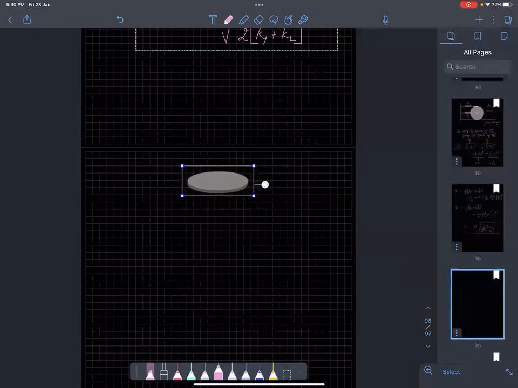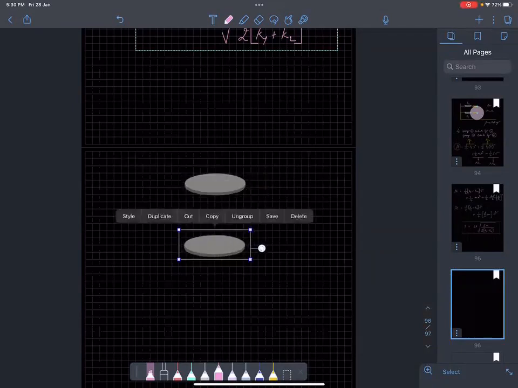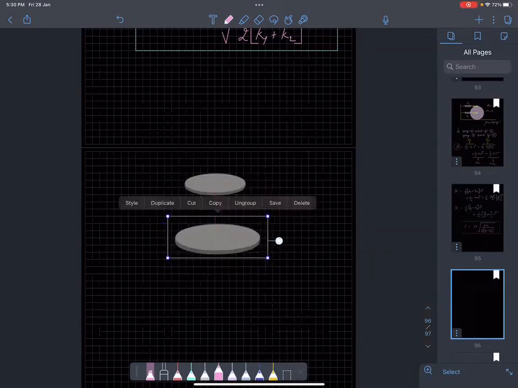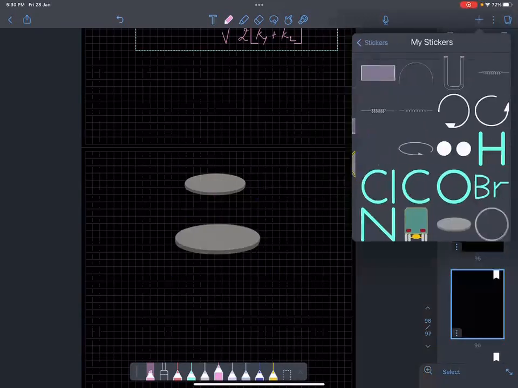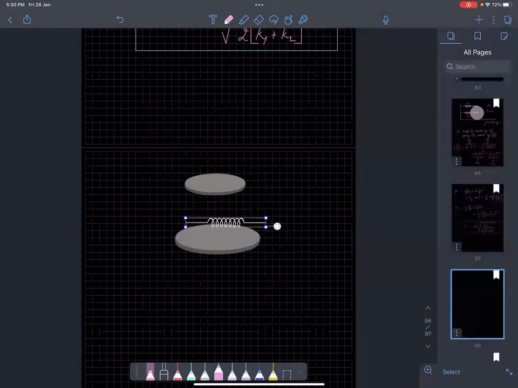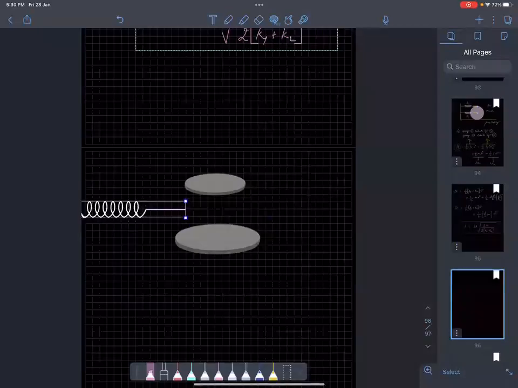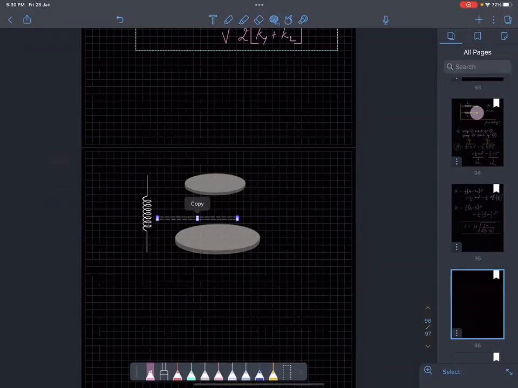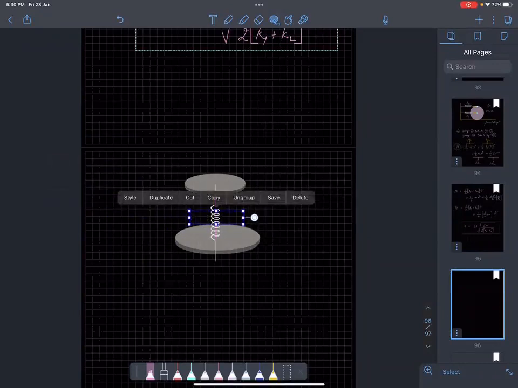This is one disk. This is another disk. Both are of different masses. Now there is a spring attached in between like this, which can twist, from the center of this to the center of this.